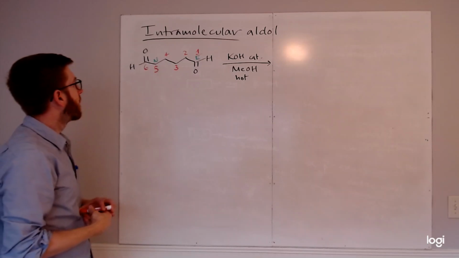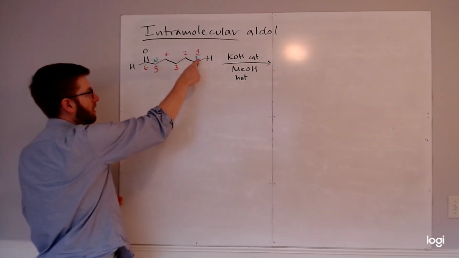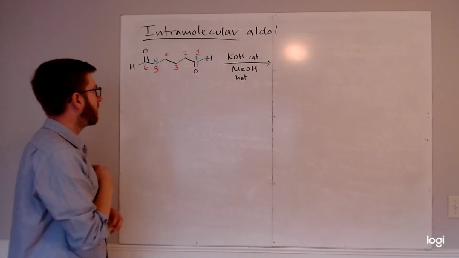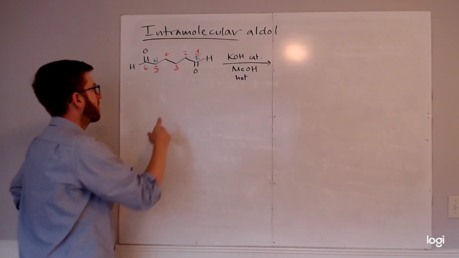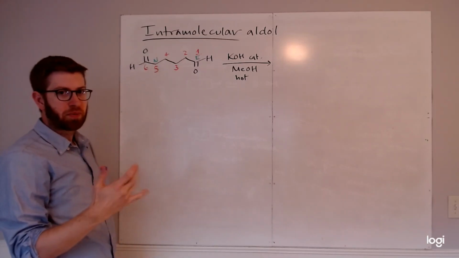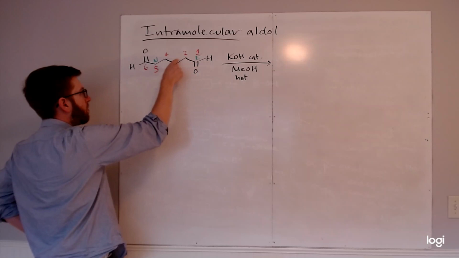I'm going to look at the numbers between the electrophilic carbon and the nucleophilic carbon and think about the difference. I'm starting at 1, ending at 5. That's going to be a 5-membered ring. 1, 2, 3, 4, 5.